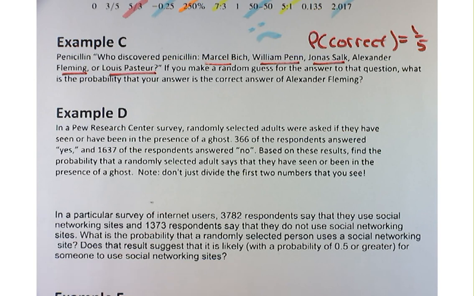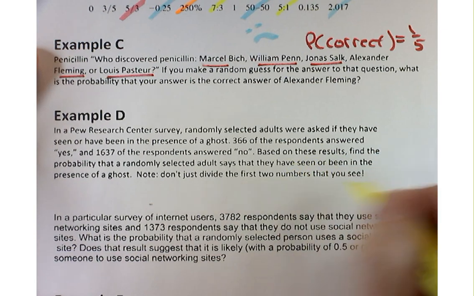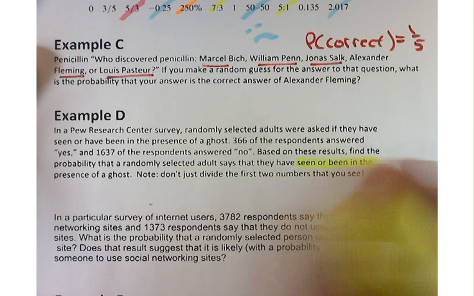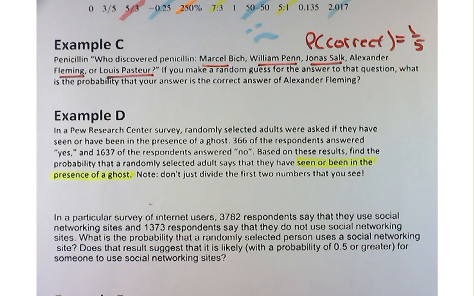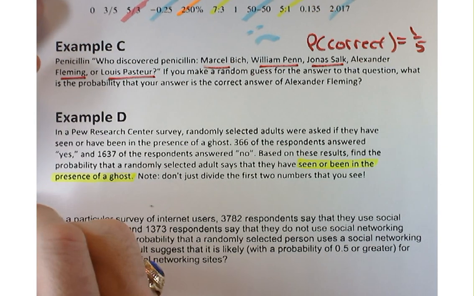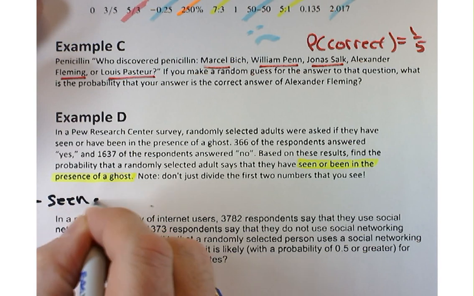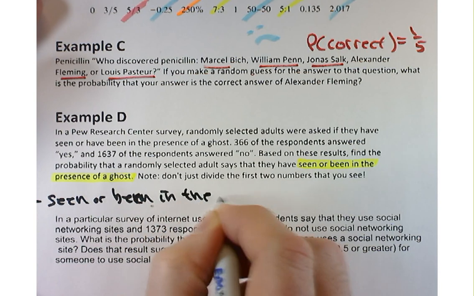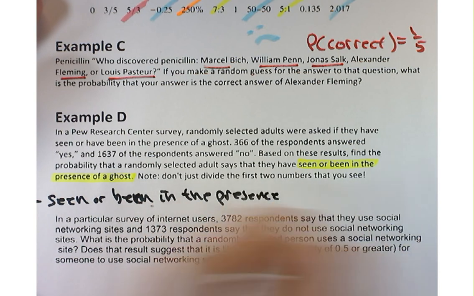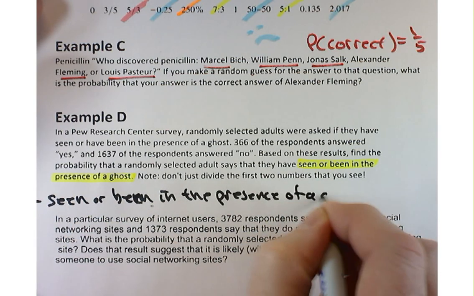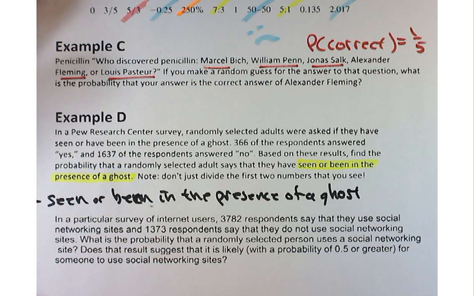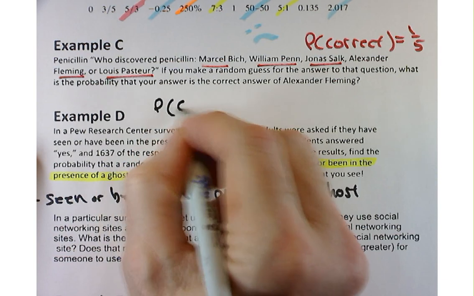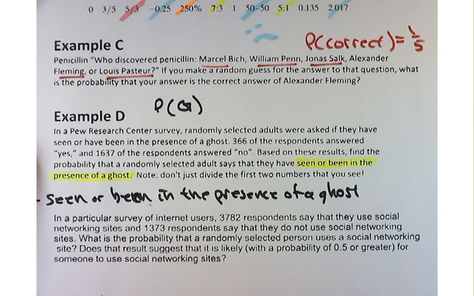Seen or been in the presence of a ghost, I'm going to let that be event G. So G is seen or been in the presence of a ghost. What this problem is asking you to calculate, then, is the probability of G. What's the probability of that event?